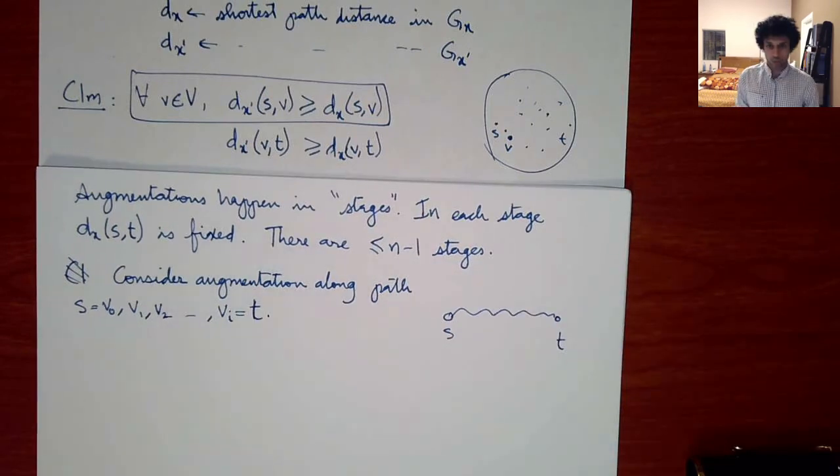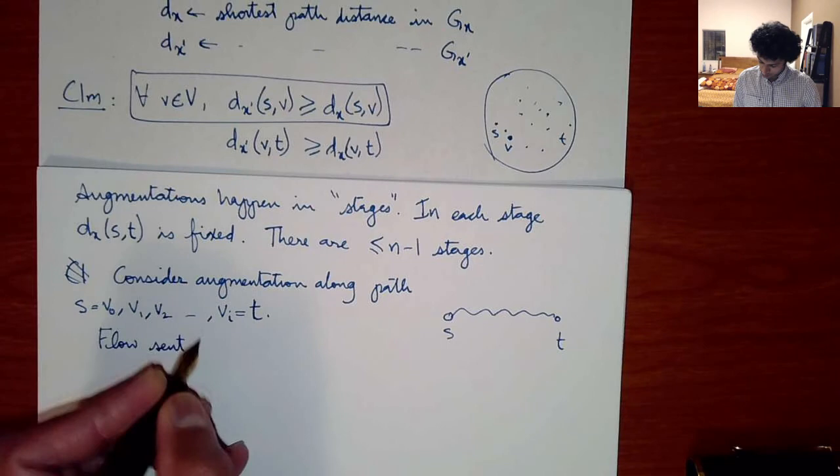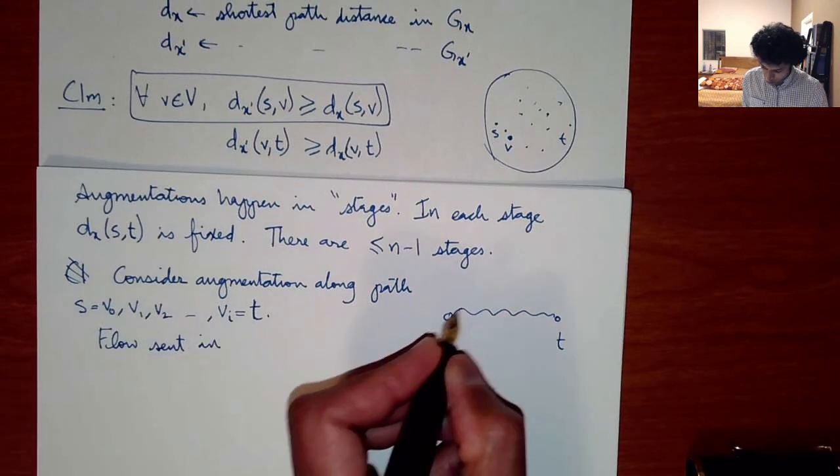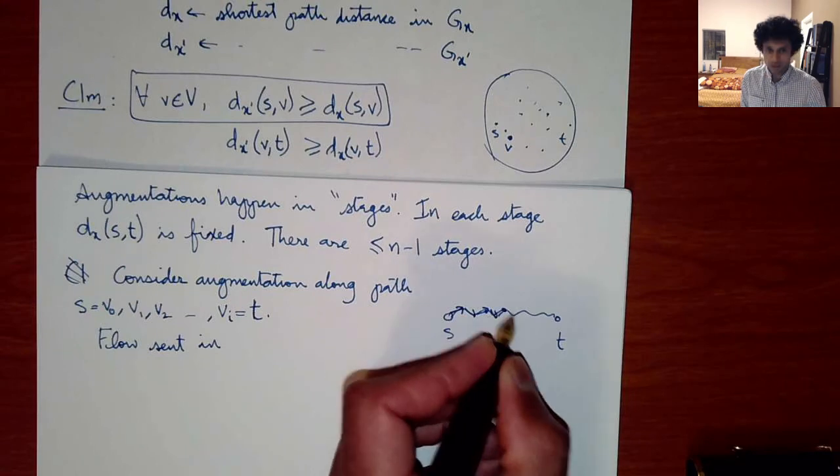How much flow do we send? The flow sent, so essentially what we can do is find the minimum capacity along everything over here and send that much flow.